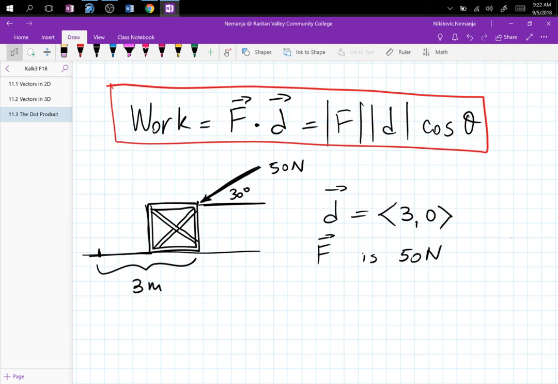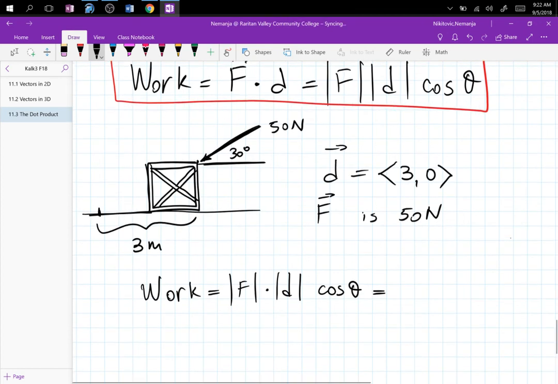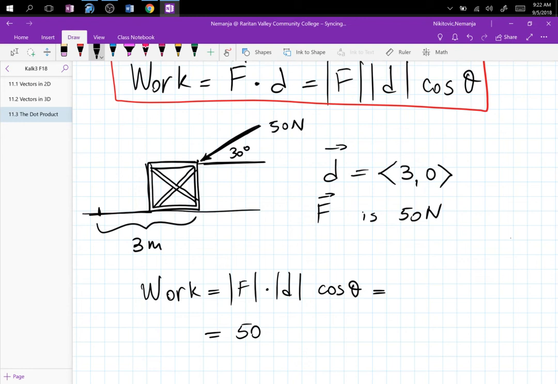Now I will use the magnitude portion. So work is equal to the magnitude of the force times the distance times the cosine of the angle between these two. So I have the 50 newton push times 3 meters in distance times the cosine of 30 degrees. This is 150 times root 3 over 2.